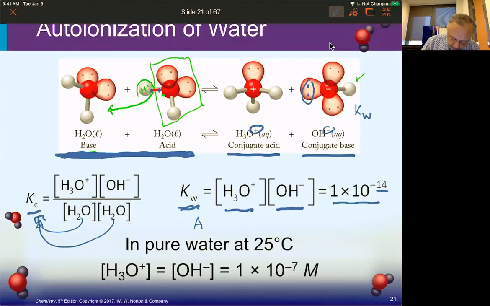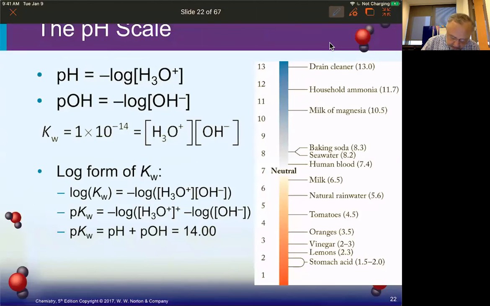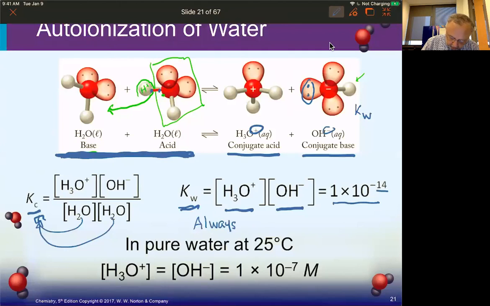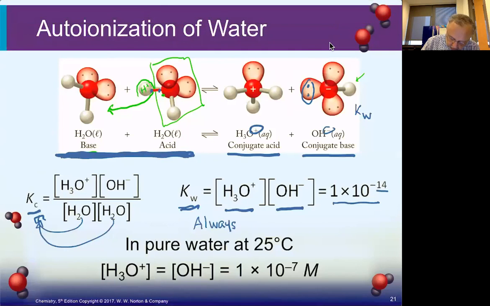And this is going to become very important, because when you do your calculations, you need to consider this equilibrium as well when you're working in aqueous solutions. Always true for all, let me just put AQ, which denotes aqueous solution.